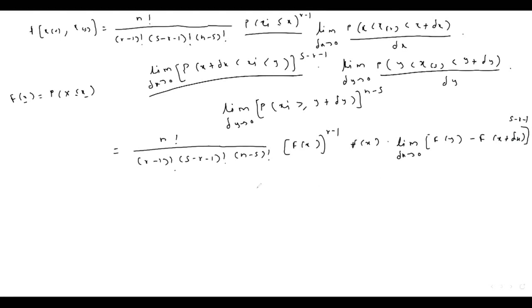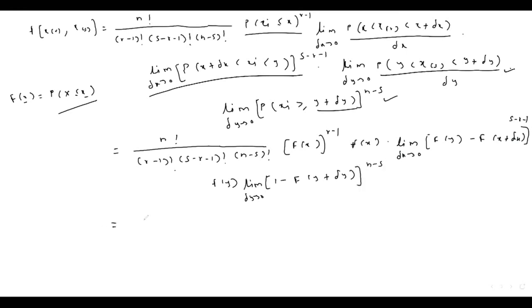Now what about the next value? Just now I told this probability is nothing but f of y, so let me write f of y directly over here. And the last probability is exactly the opposite of this. So I can write this as 1 minus F of y plus delta y. And limit as it is, limit delta y tends to 0, raised to power n minus s.